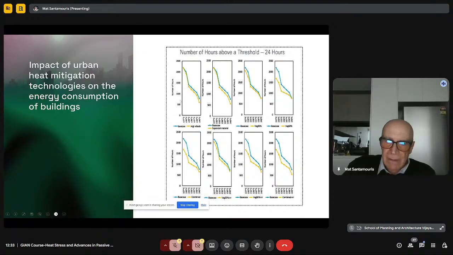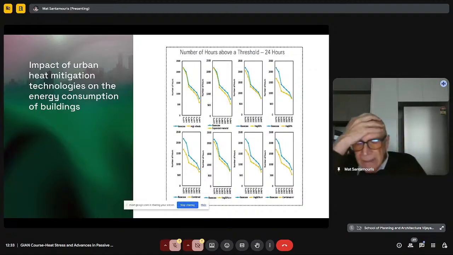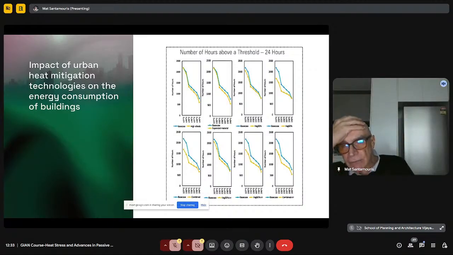And you see, for example, the difference and how we have decreased the overheating hours by using the different mitigation technologies. It's not enough to say that I can decrease the temperature by 1.5 degrees on average. It is very important to calculate the impact during the whole year and to understand what really helps during the whole year and not just at a specific moment.